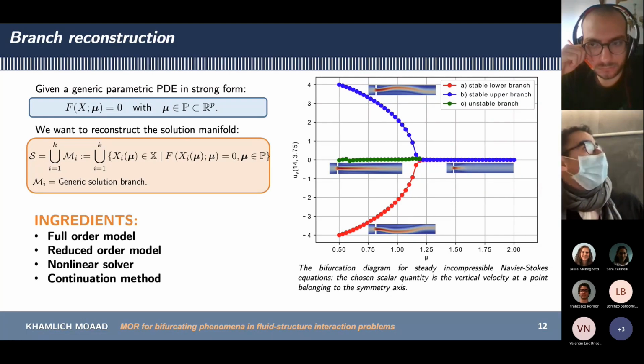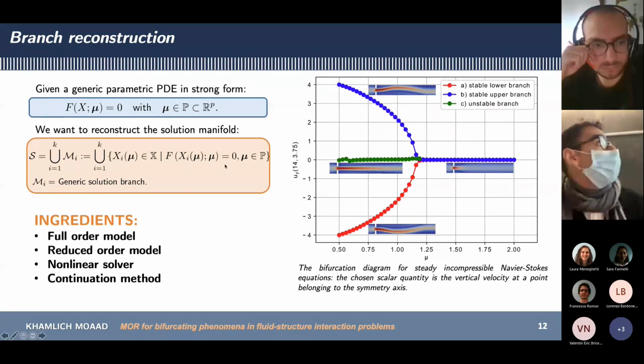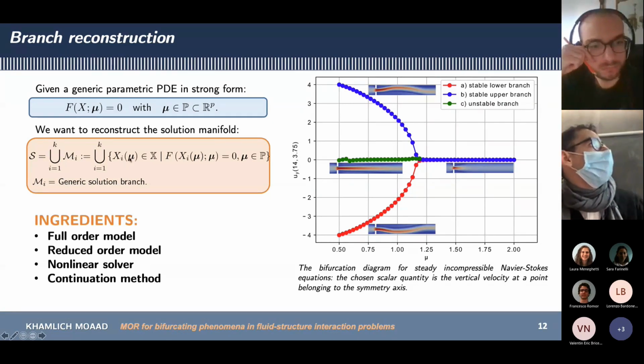And therefore, the bifurcation diagram will be nothing but the union of different bifurcation branches, and the union of all the bifurcation branches will give us the solution manifold, which basically is the solution to the PDE for all the values of the parameter.